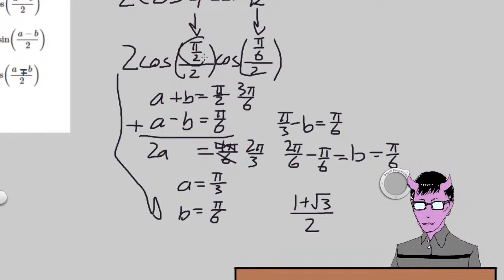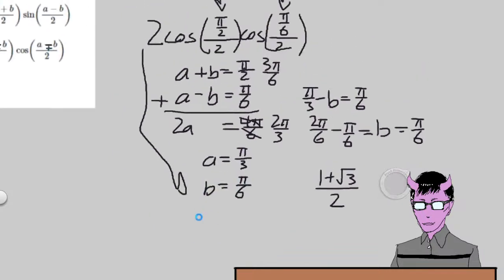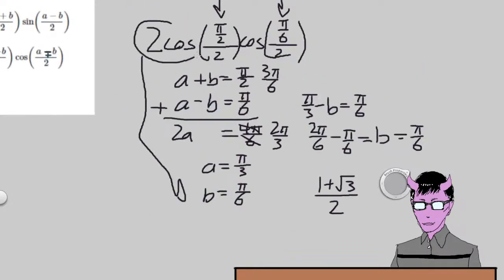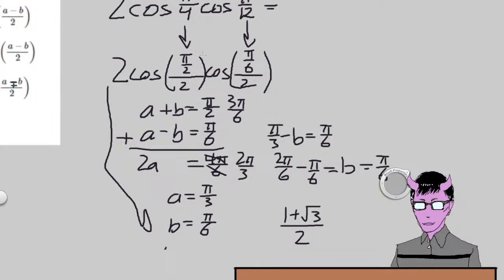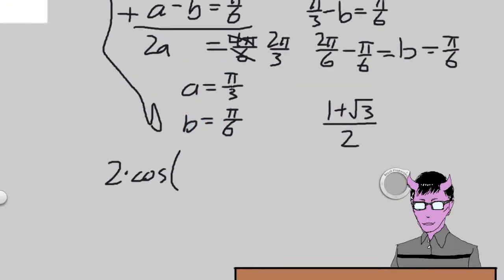We are splitting this first argument into this one plus that one. And we'll copy paste the rest. So copy paste the 2 times cosine. And then we're going to do the a plus b divided by 2.